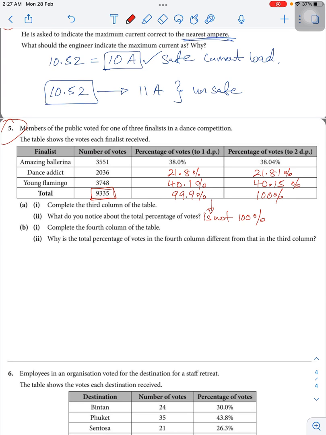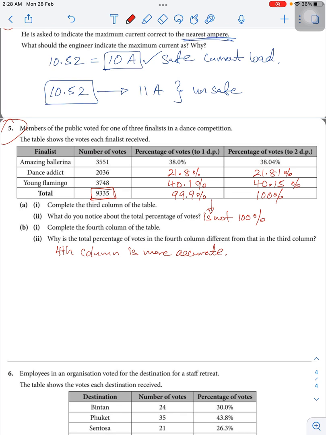Okay, one of the reasons why the fourth column is more accurate is because the number of decimal places used in the intermediate steps in the fourth column is greater than that in the third column.